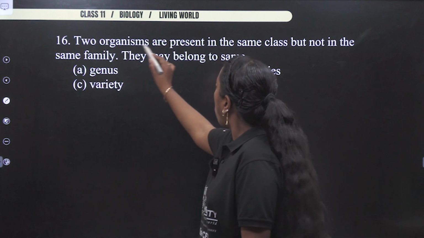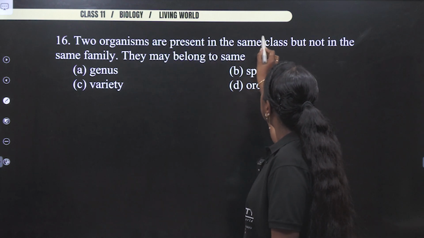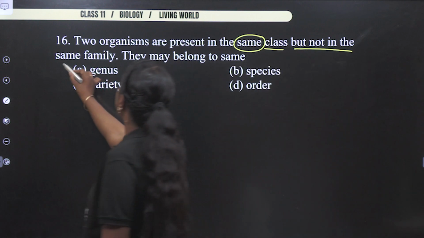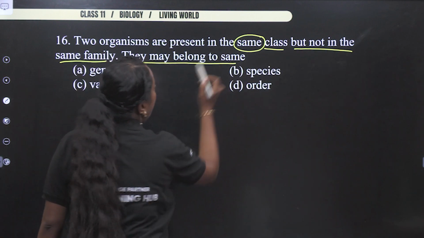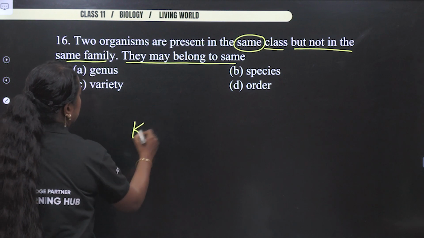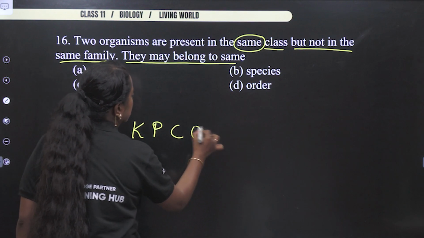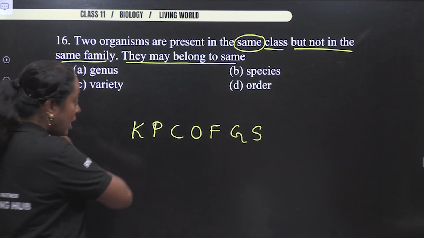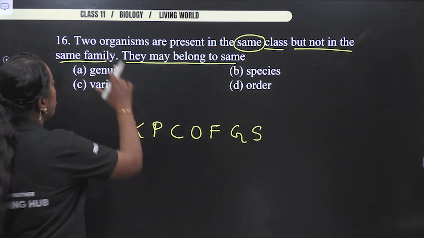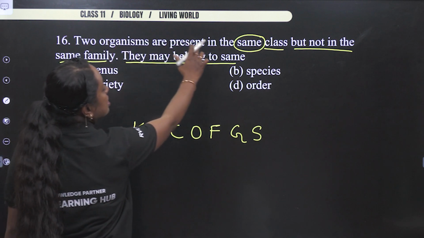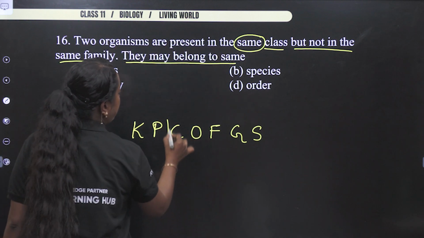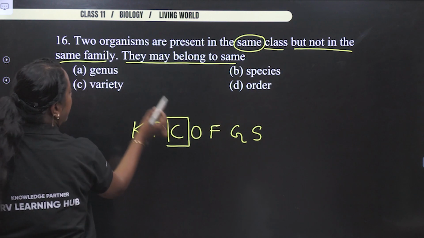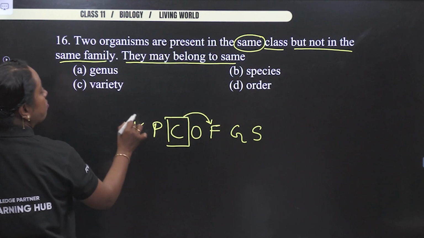Okay. Two organisms are present in the same class but not in the same family they belong to. See, each time a question comes, I am writing the hierarchy here. So he says two organisms are present in the same class, but not in the same family.